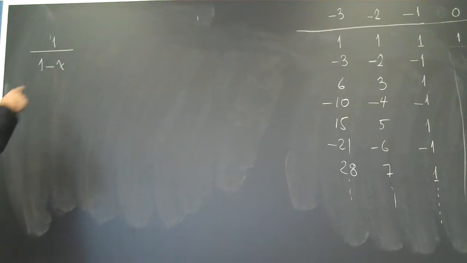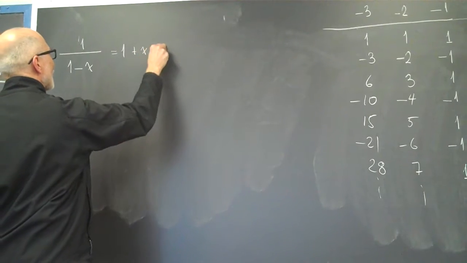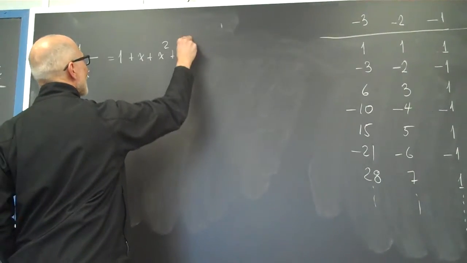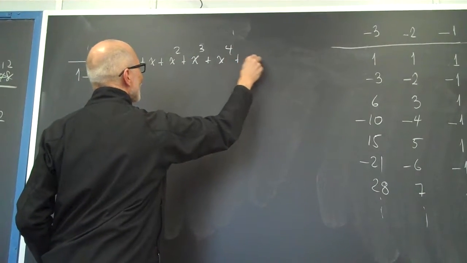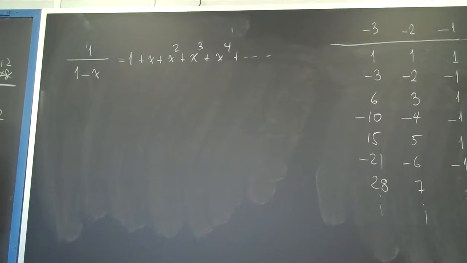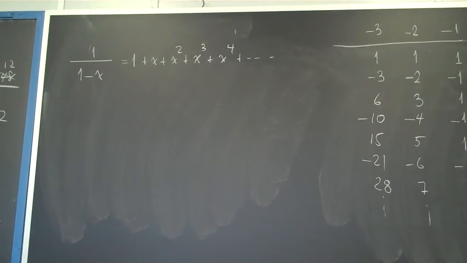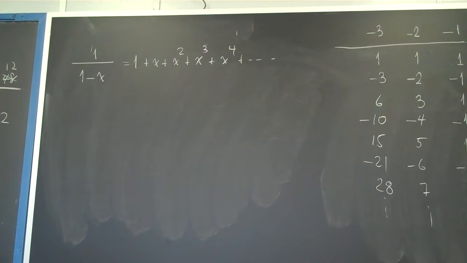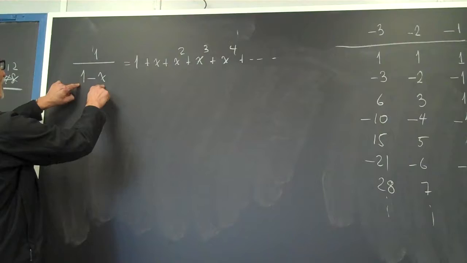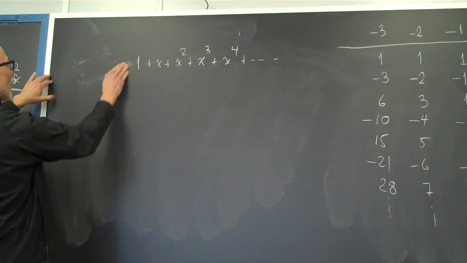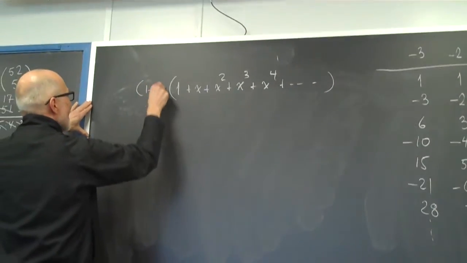The geometric series takes the following form: if I add up all the powers from the 0th power on, I get 1 over 1 minus x. It's very easy to prove this, by the way. I take this and multiply it by 1 minus x.